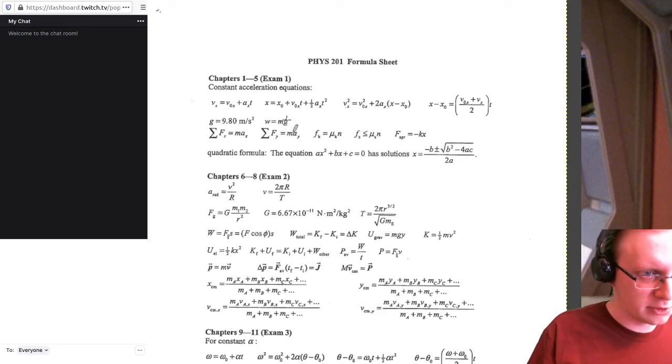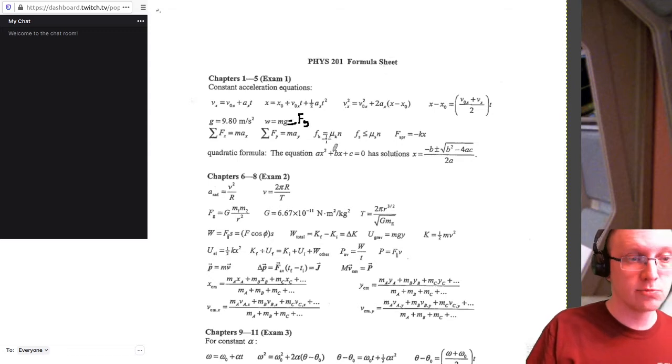So here we have our gravity. This is our weight, also known as force due to gravity. We have the sum of forces in a direction is equal to mass times the acceleration in that direction. This is the force of friction, kinetic friction.